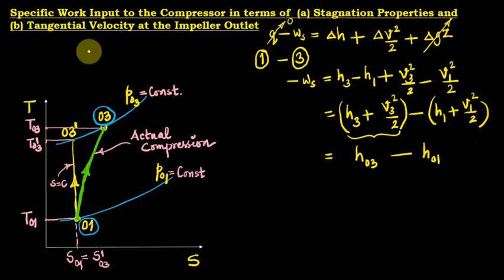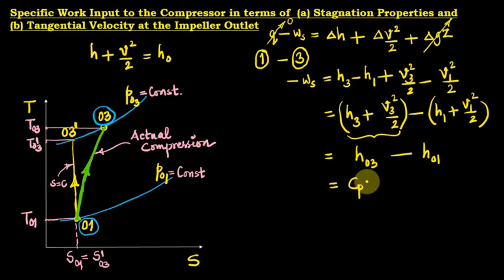In the previous class, in which we discussed stagnation properties, we derived the expression H plus V square over 2 is equal to H0, the stagnation state. So corresponding to H03 it is H3 plus V3 square by 2, and corresponding to stagnation state 01 it is H1 plus V1 square by 2. So H03 minus H01.